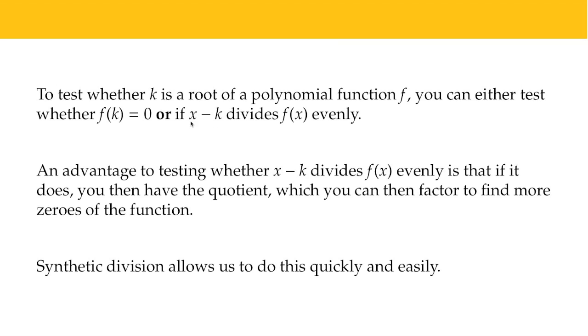So notice that x minus k, where k is a number, is always going to meet those criteria. So you will always be able to use synthetic division in these circumstances when you're testing to see if x minus k divides a polynomial evenly. And I want to remind you that dividing evenly means that you get a remainder of 0.